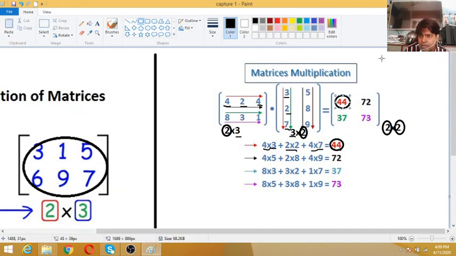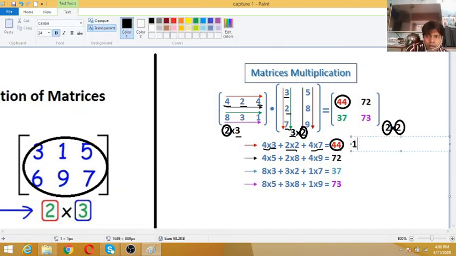Its address you can write here. The address of this element 44 is 1 cross 1. That means first row multiplied to first column, all the elements of the first row multiplied to the first column. So the address of this element is 1 cross 1.